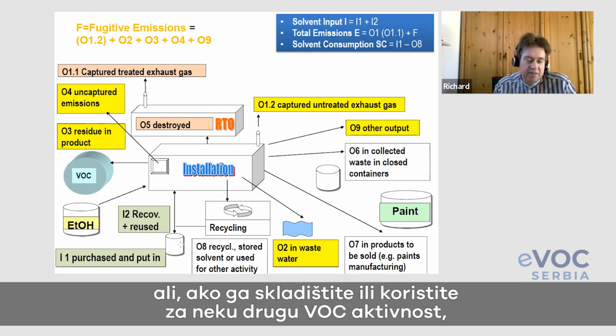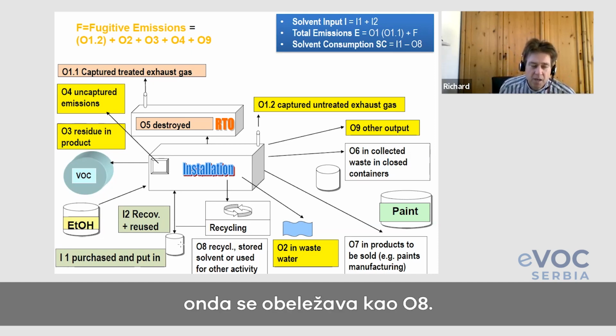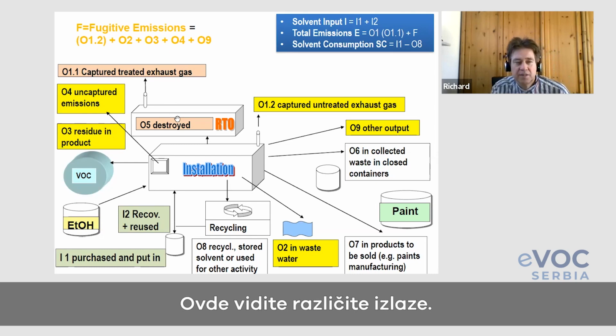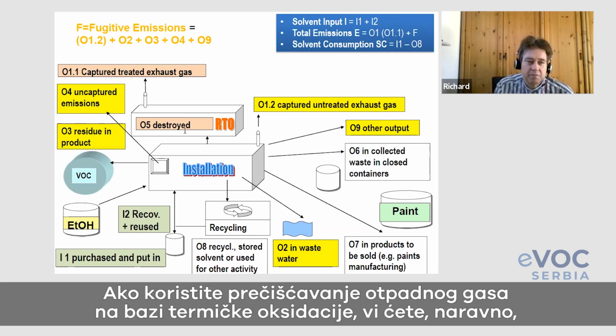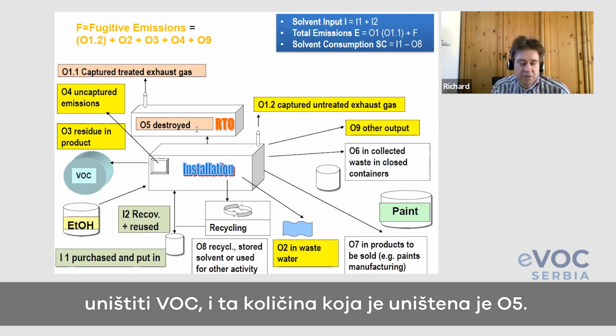But if you store it, or you use it for another VOC activity, then that is called O8. Here you see the different outputs. If you apply a waste gas abatement based on thermal oxidation, you will destroy, of course, the VOCs, and that quantity that you destroy is called O5.